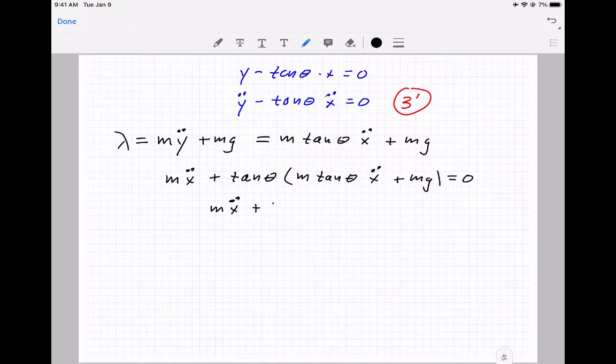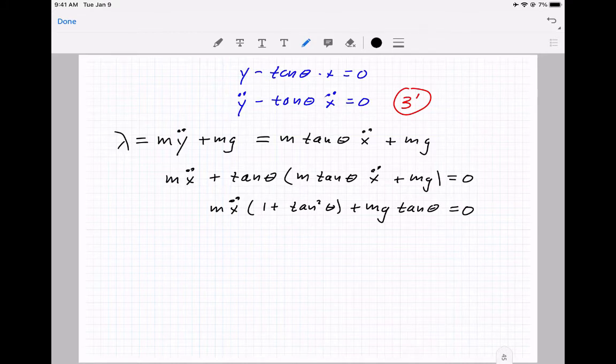So m x double dot times 1 plus tan squared theta, plus mg tan theta equals 0.